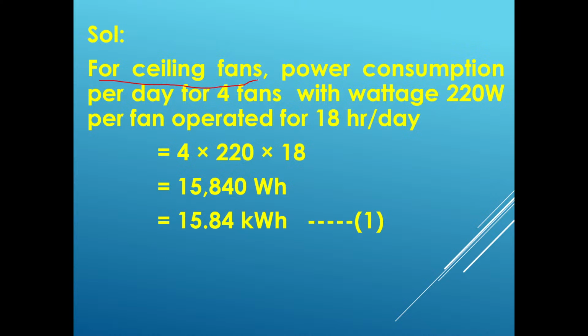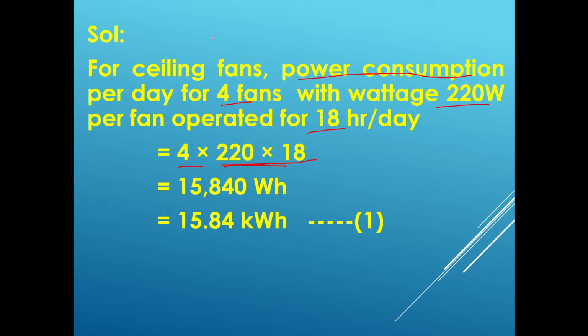Let us consider the ceiling fan first. Ceiling fan power consumption per day for 4 fans with wattage 220 watts, operated for around 18 hours. So what is the energy consumed?